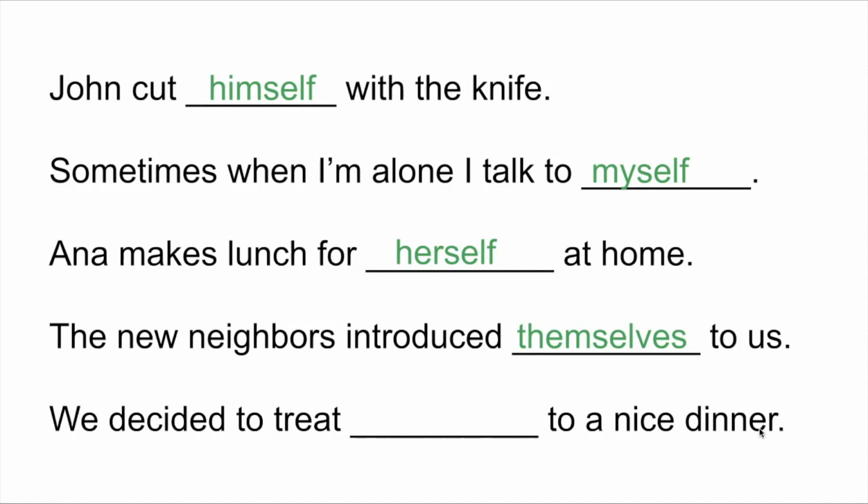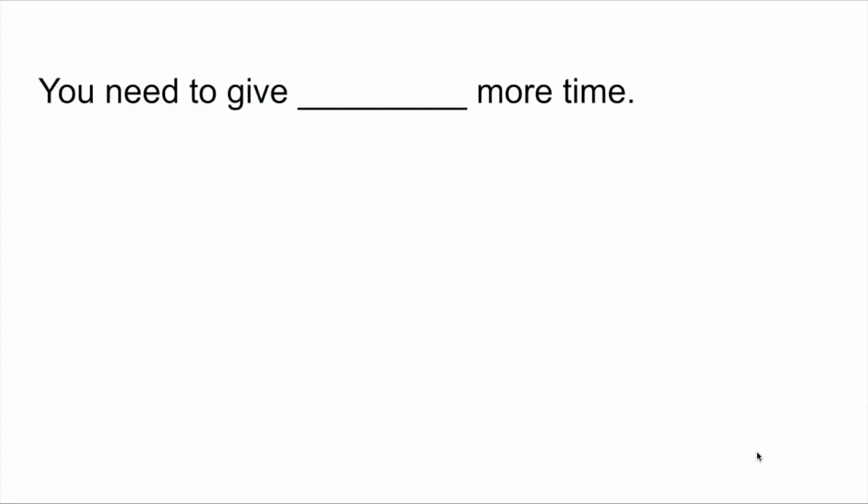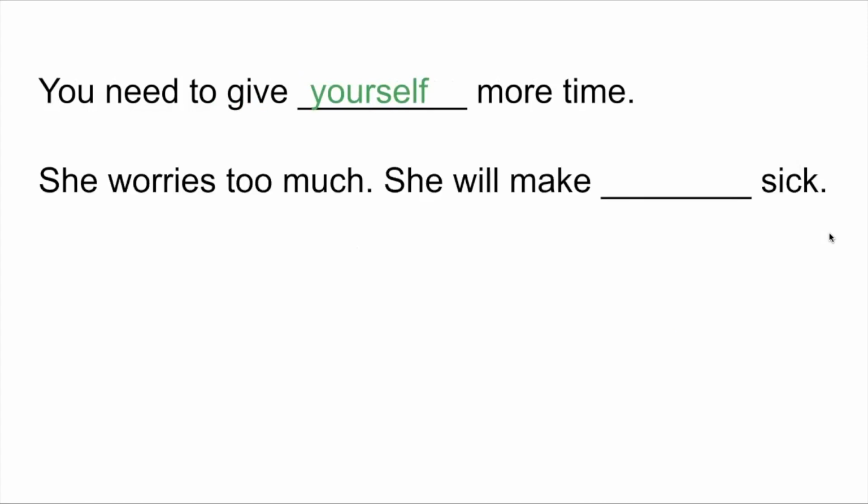We decided to treat us to a nice dinner. We decided to treat ourselves to a nice dinner. You need to give you more time. You need to give yourself more time. She worries too much. She will make herself sick.